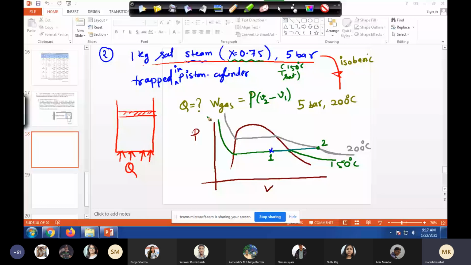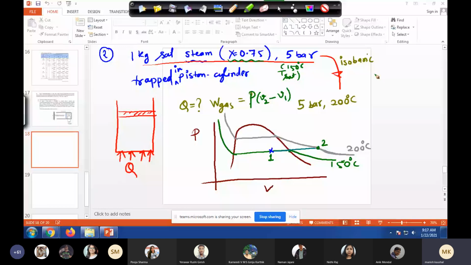And then for Q, we have to apply the first law. At constant pressure, you can prove that Q is nothing but H2 minus H1. You agree? Yes, it's very easy.